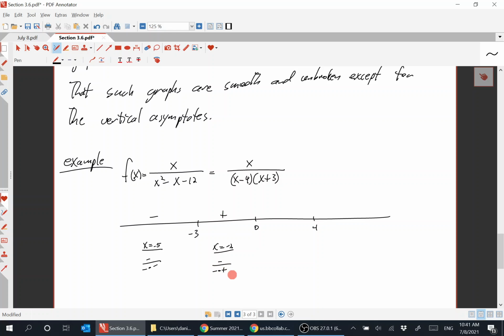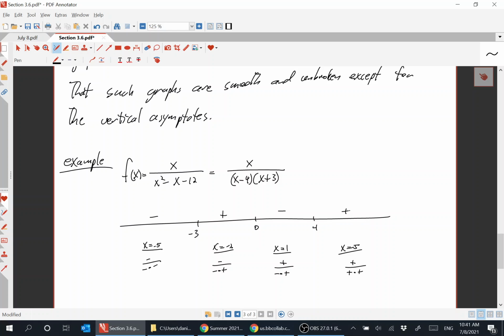So the whole thing is positive. And then at x equal to positive 1, this is positive, negative, positive. So the whole thing is negative. And from 4 onward, we'll say x equal to 5. All of those three factors are positive, so the whole function is positive.